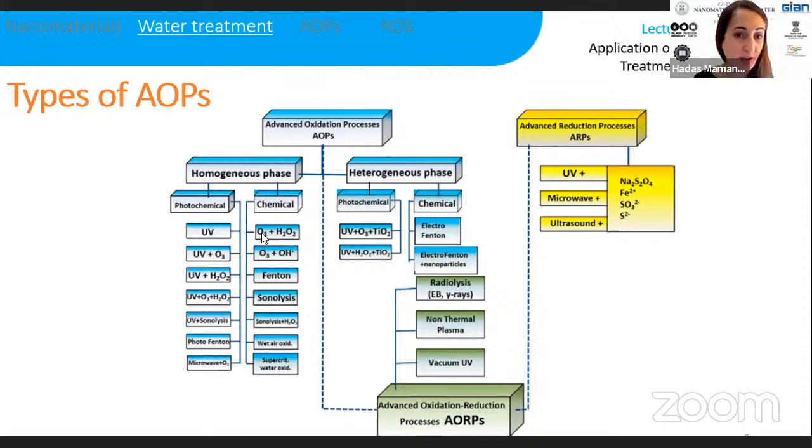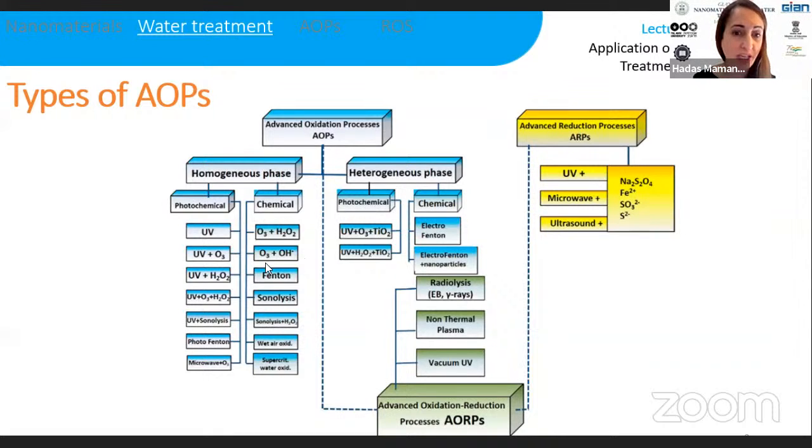Chemical would be, for example, ozone with hydrogen peroxide, or ozone at basic conditions. Ozonation at basic conditions mostly imposes hydroxyl radicals, whereas ozonation at acidic conditions will mostly impose direct ozonation and not the indirect reaction through the generation of hydroxyl radicals.